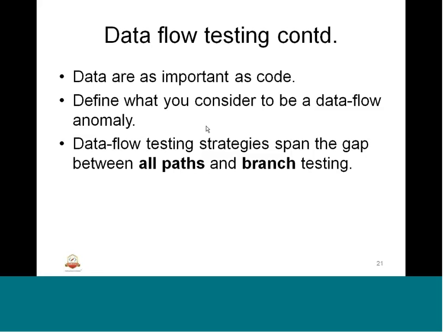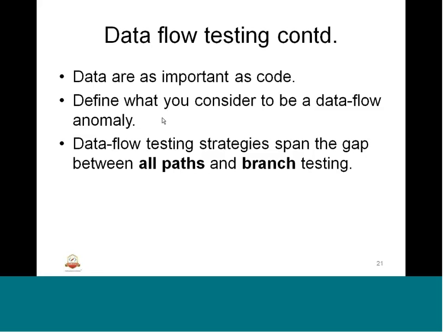Define what you consider to be a data flow anomaly. I mean, you understand the program flow and the data that is used in the program, and that definition we need to consider in terms of any anomaly, how it is being used, against what is being spoken in the requirement.